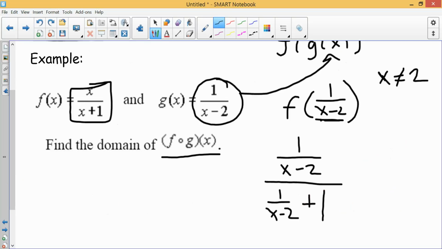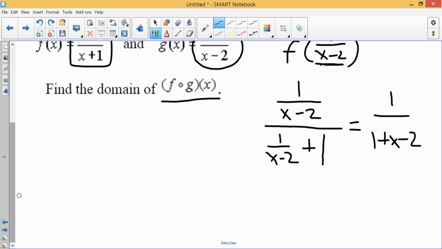From here, if I multiply by my least common denominator, x minus 2, and simplify, I end up getting 1 over 1 plus x minus 2, and that will simplify to 1 over x minus 1.